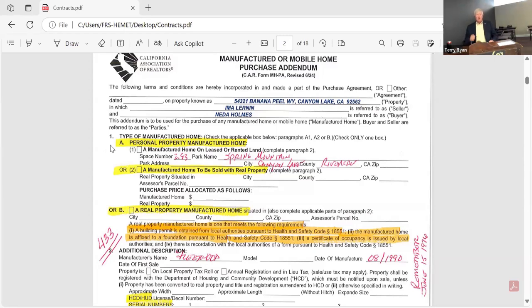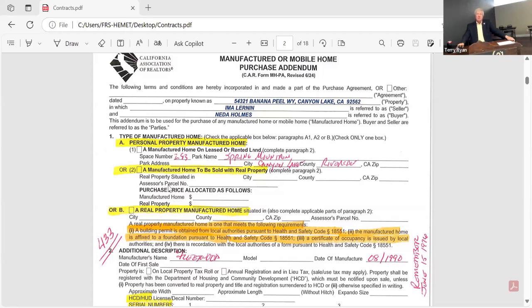If you are leasing or renting the land in a park, then the important information has to do with space number and the park address. I didn't put a park address in there because I don't even know that there is a Spring Mountain park name. I just wrote that in there when I was putting this together.